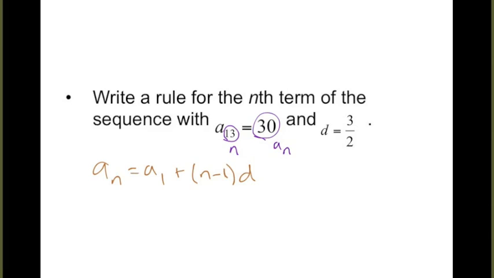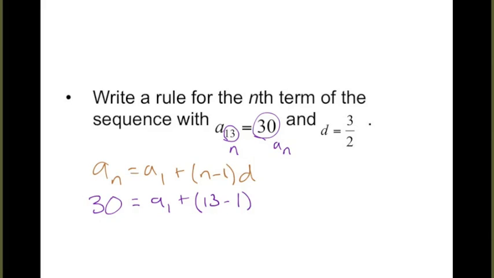So in this problem, we know that one of the terms in the line is 30. We don't know what the first term is, and we know that 30 is the 13th term in the line. So from that one single piece of information, they actually gave us two pieces of information: an n value and a term value.